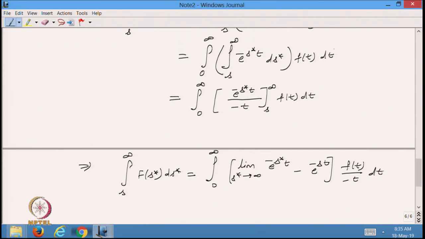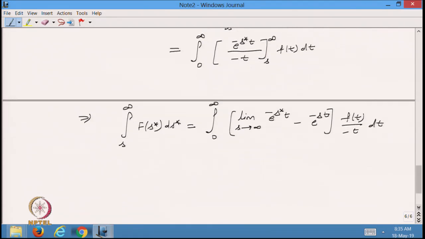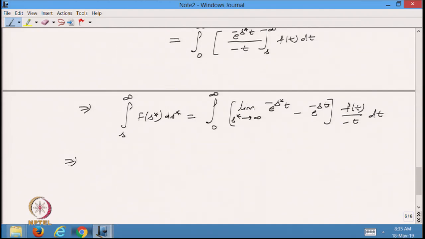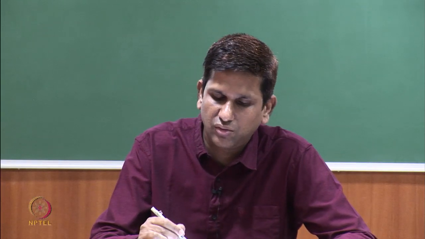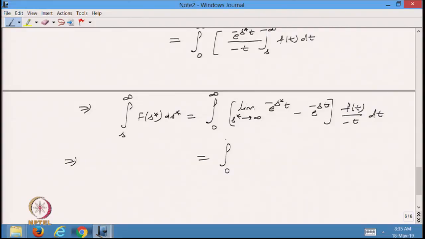I am just putting the limit here. We are always taking s greater than some positive number, so the first term is going to be 0 here. So the minus sign and minus sign will cancel out, and I can write the integral from 0 to infinity of e raised to the power minus s t times f(t) over t dt.